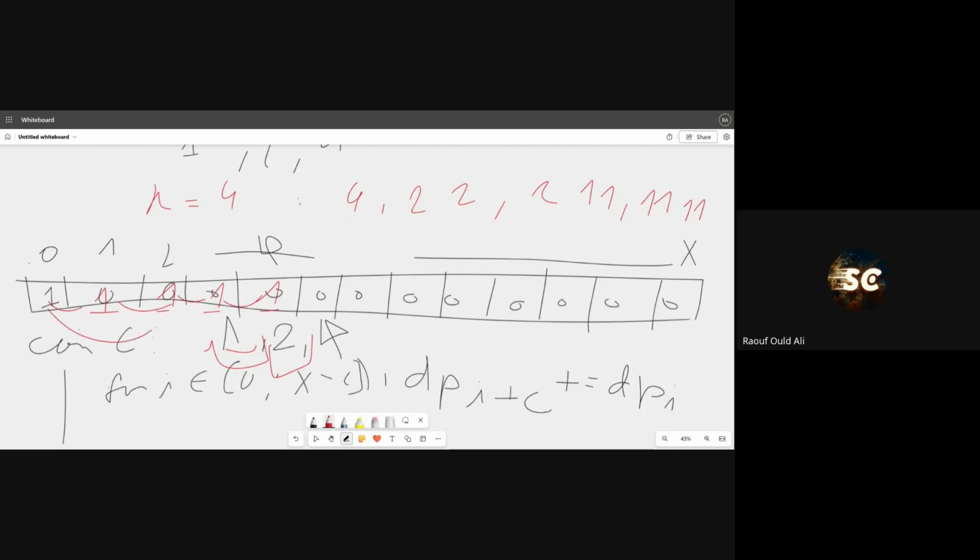This will add 1 to here, so 2. This will add 1 to here, this will give 2. We add 1 to here, this will give 3. And we're done with this. And now for 4, we add 1 from here to here, it will give 4. And we are done. So we have one way, one way, 2 ways, 2 ways, and 4 ways. Does this make sense?